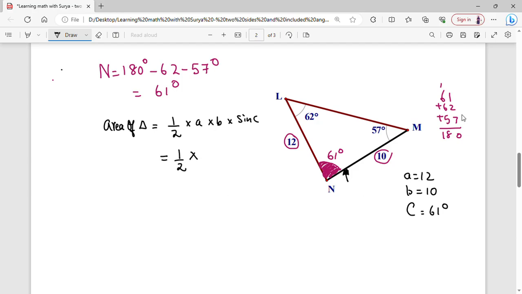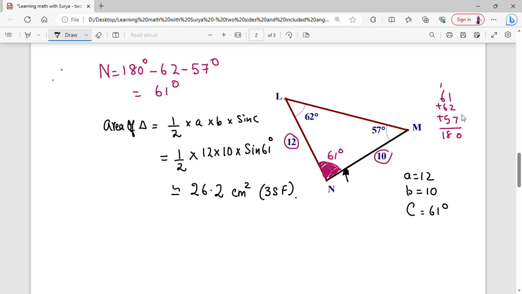Half times A is 12 times B is 10 times sine 61. Now sine 61, you definitely need to use your calculator. So if I use the calculator, I would get this is approximately equal to 26.2 cm squared, which is correct to 3 significant figures.